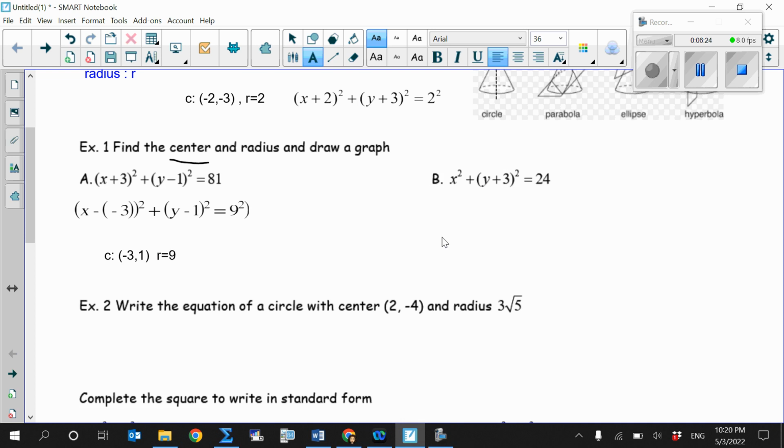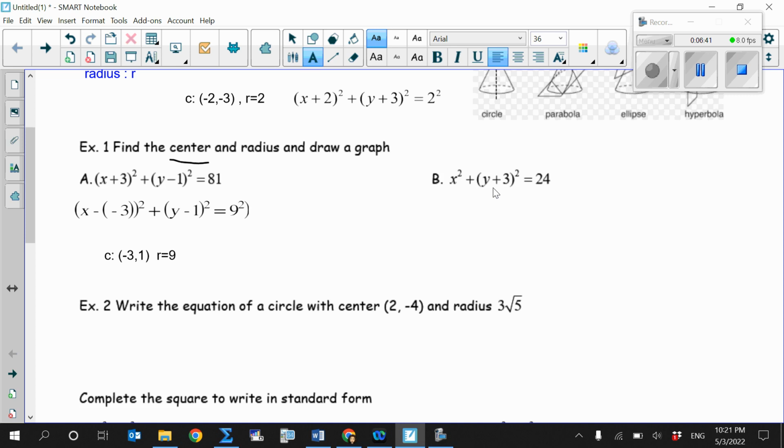Now let's look at the next one that we have here. X squared plus y plus 3 squared. So again, I can find the center by finding h and k, which are the values that x and y are subtracted from that number.